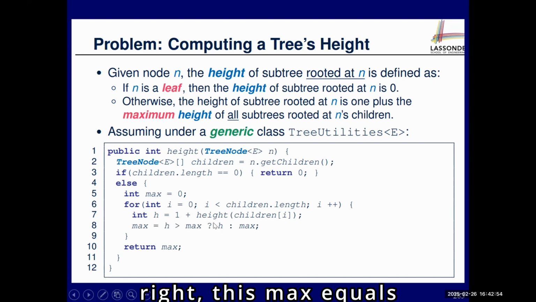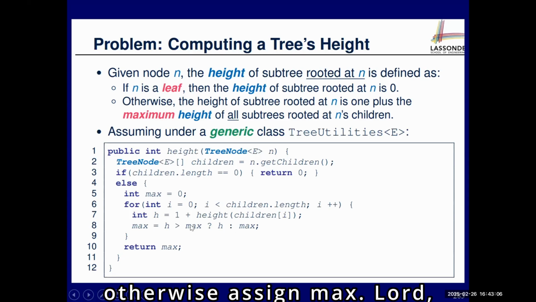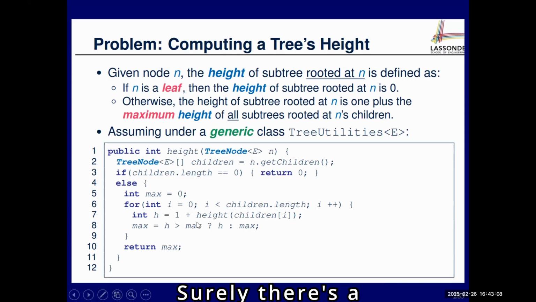Right, this max equals assigning these values. So this thing here says if h is bigger than max, then assign h because it's bigger. Otherwise, assign max. Lord, why don't you just call the max routine? Surely there's a max routine. This is the stuff that makes me not want to code. Will you agree with me here? Reading other people's code.